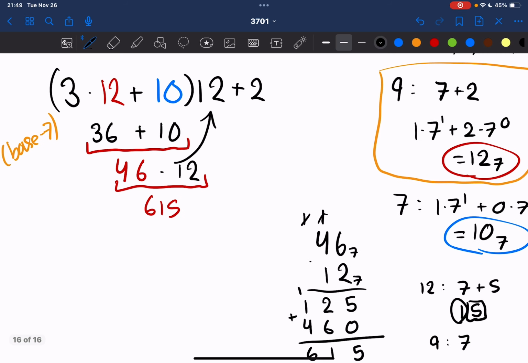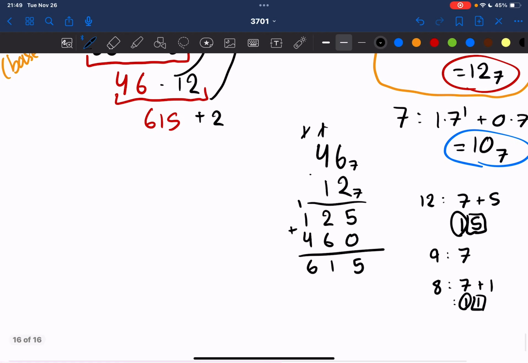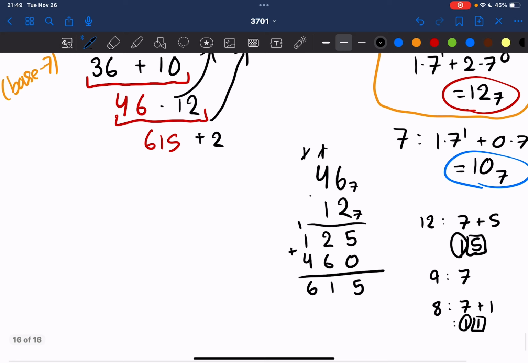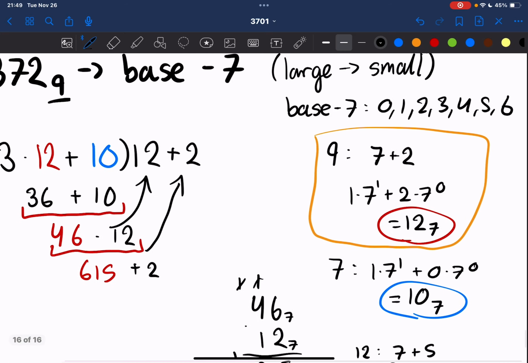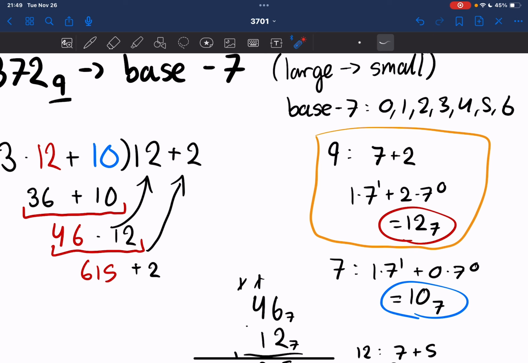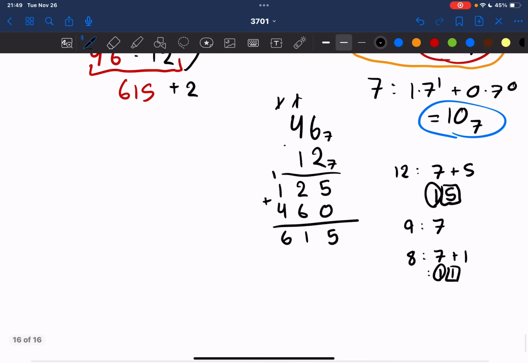Then lastly, we add the 2. And what's 615 plus 2 in base 7? You might want to say 617, but again, it's not going to be 617 because we don't have 7 in our base. So we're going to have to do that here. So what's 615 plus 2? Well, 5 plus 2 in base 7 is going to be just 7, which is 7 plus 0, which is actually just 1, 0.